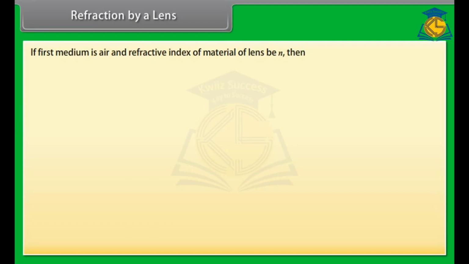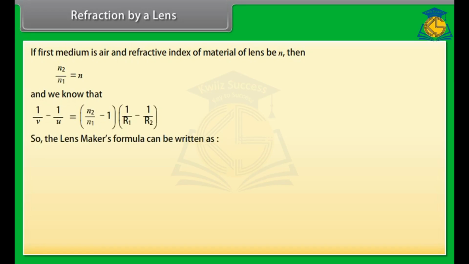If the first medium is air and refractive index of material of lens be N, then N2 upon N1 is equal to N. And we know that this is so. So the lens maker's formula can be written as, this is called thin lens formula.